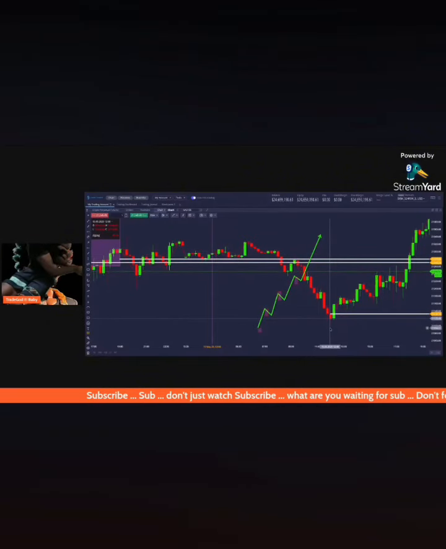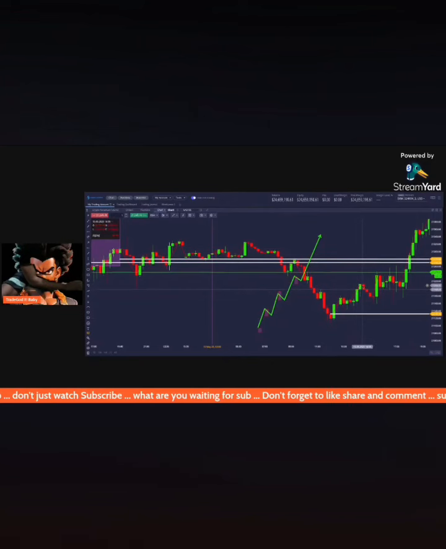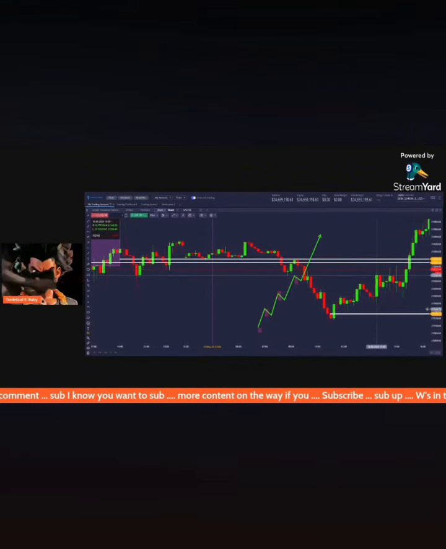Thus you have to wait for this to make its own turn, like right here, right along with this turn, then you can sell. So it's really that simple.